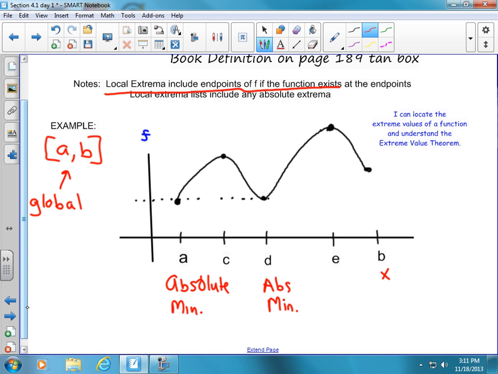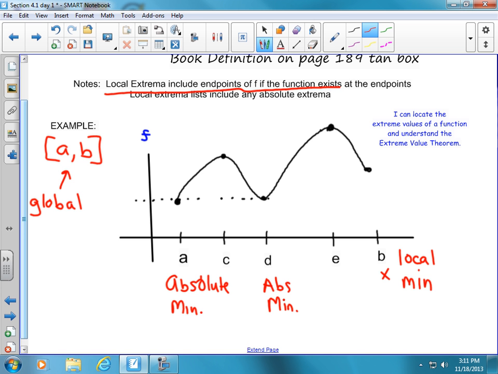We also have another minimum over here, because the graph is going up to the left of it. So this endpoint is also a minimum because the points around it are bigger than it. So this is considered a local min.